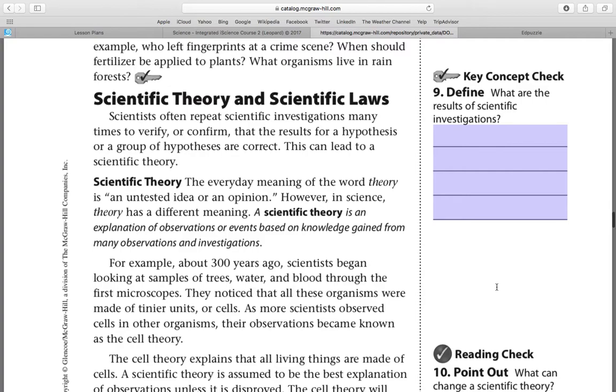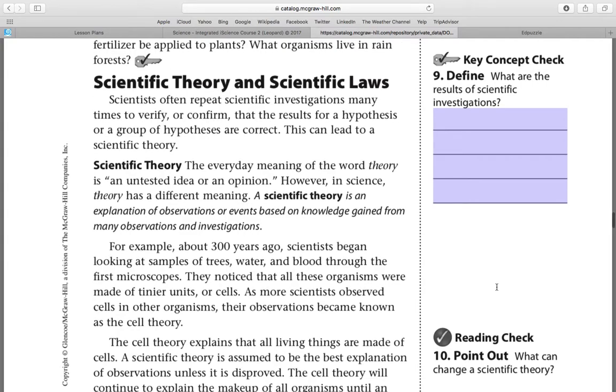Let's look now at the scientific theory versus the scientific law. It says here that a theory is an explanation of an observation or an event based on knowledge gained from many observations and investigations. An example would be the cell theory. Until the cell theory is disproven, we will continue to support it.